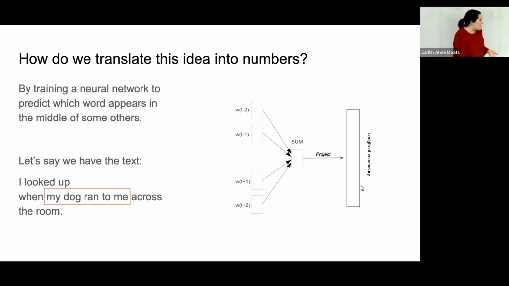Now, one complication is that there are a lot of different words that could go between my dog and to me. Like, my dog walked to me, I don't know, that's kind of a tired dog, but it could happen. So basically the model is going to have to learn to give relatively high numbers to both ran and walked, for example, or walks or runs, right?